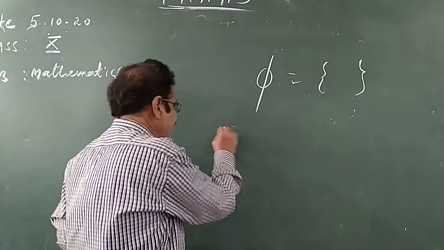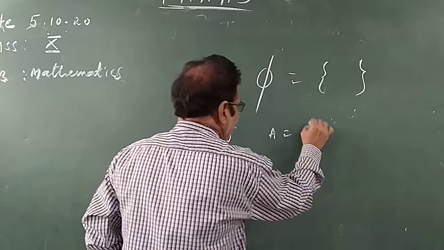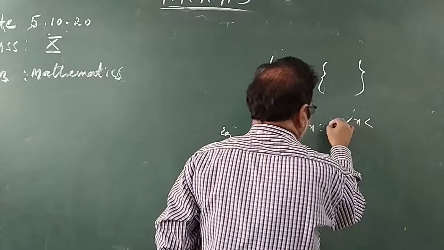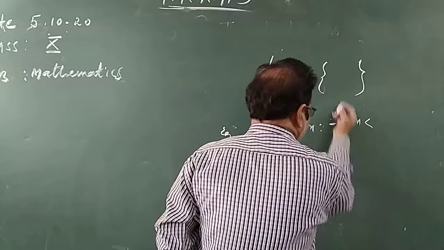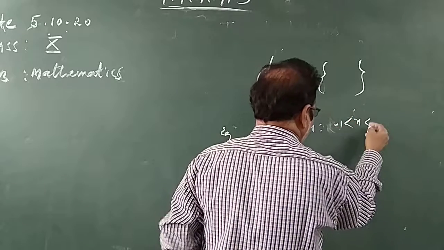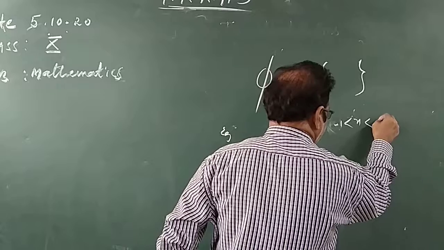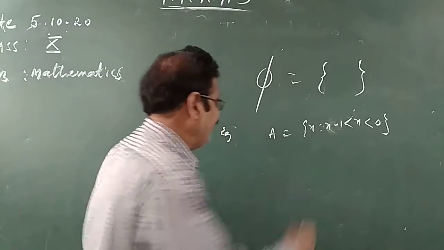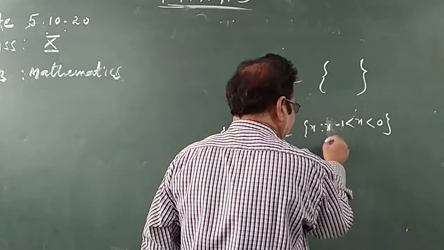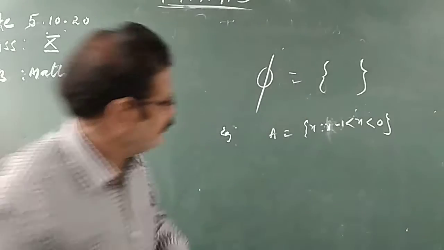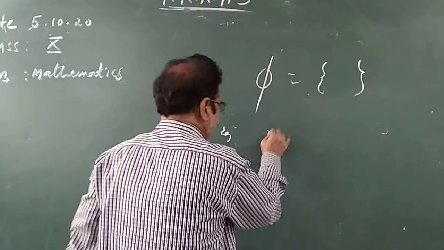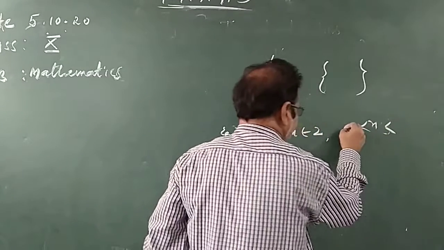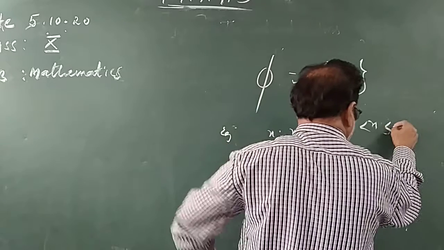Example, in set builder form: A is equal to x such that x belongs to Z, x lies between -1 and 0.